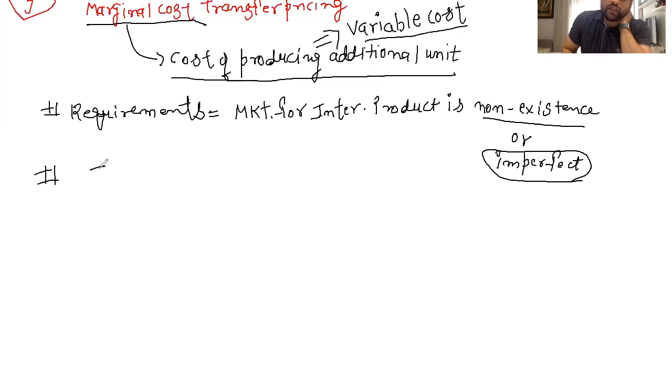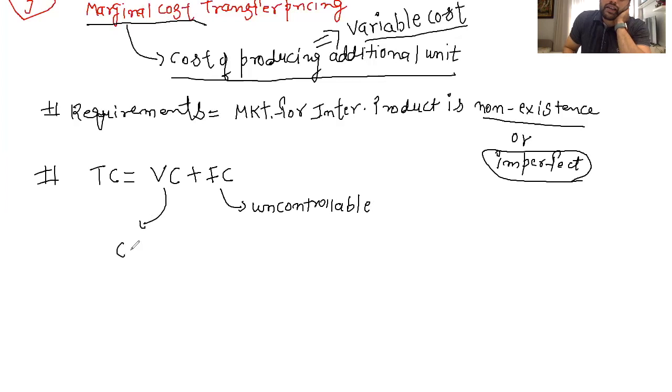So you know that we have a total cost or average total cost, whatever. So total cost is a combination of a variable cost and a fixed cost. And you know that fixed cost is uncontrollable. But variable cost is controllable.